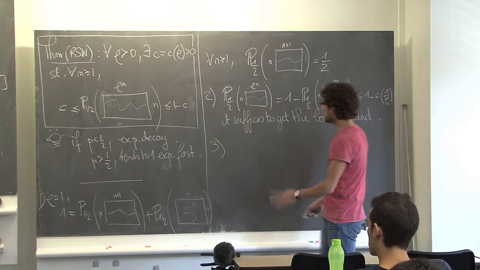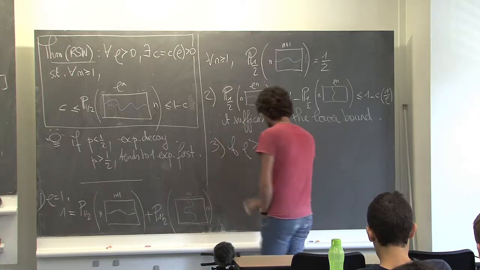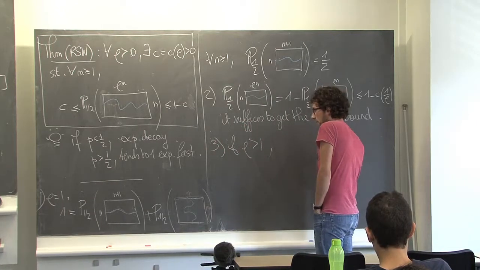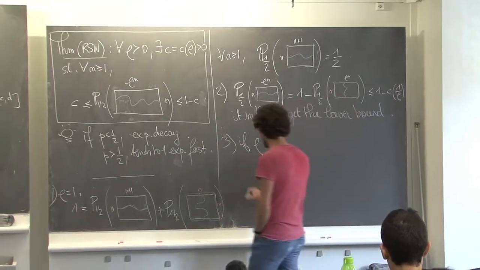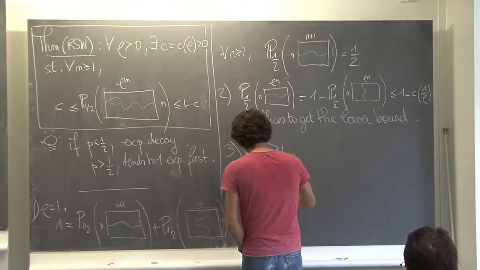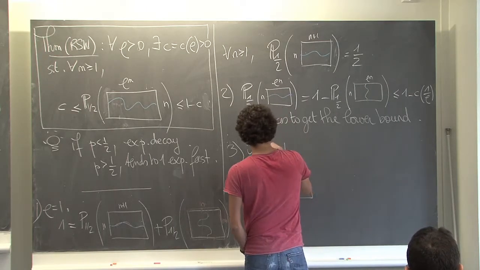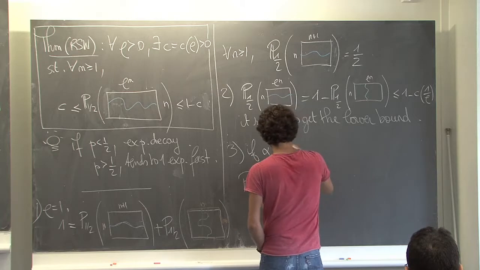And also notice that if I pick a rho larger than 1, can I get a lower bound on the probability to have, say, n times, so let's take rather alpha larger than 0.